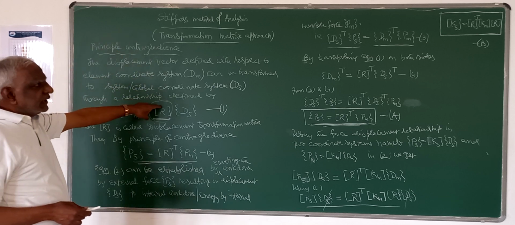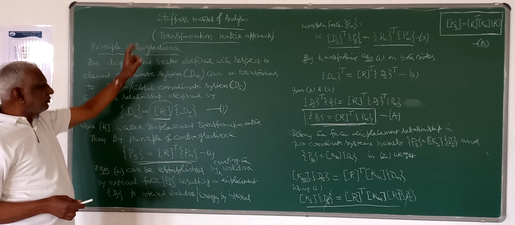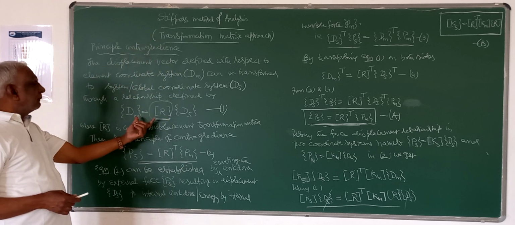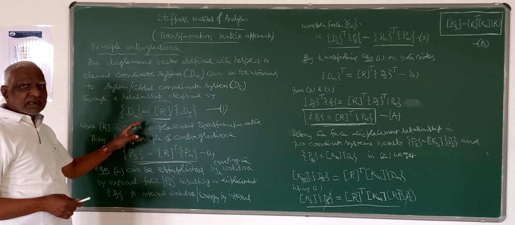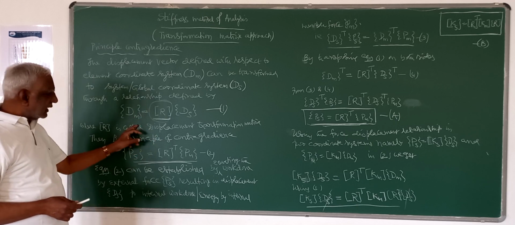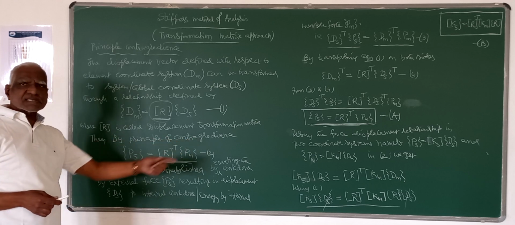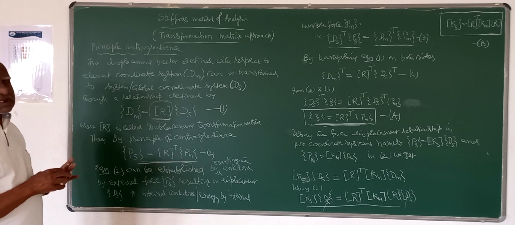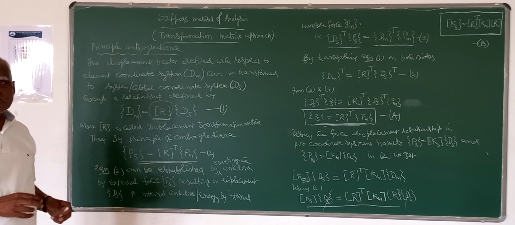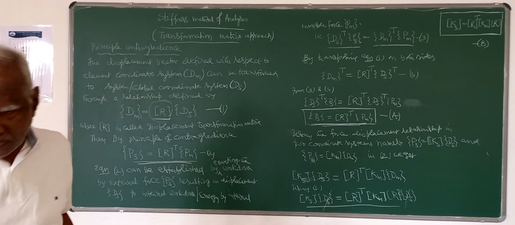Now I am deriving similar relationships using the force displacement transformation matrix, using the same principle of contragradients. So I have derived that, and this principle we are using in the stiffness method of analysis.